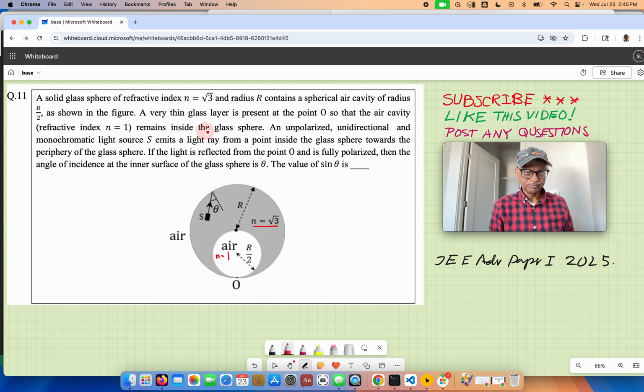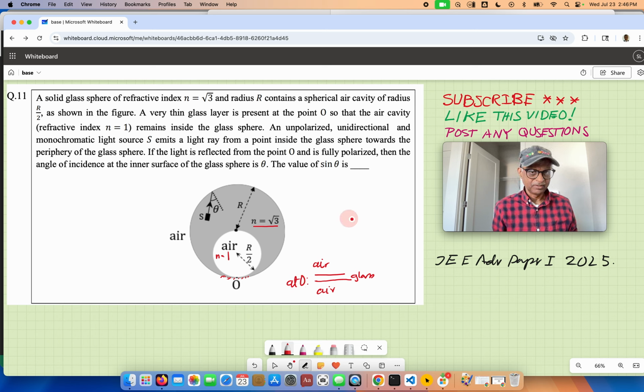At the bottom there's a tiny amount of glass, so there are two interfaces: it will look like air, then glass, and then air again at O.